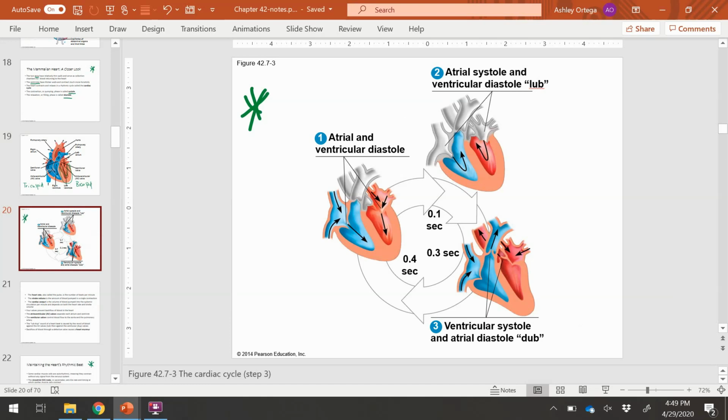The cardiac cycle starts off in atrial and ventricular diastole. So this is a complete relaxation phase where the ventricles and the atria will fill up with blood. And then about 0.1 seconds later, the atria are going to enter the contraction phase, the systole, and the ventricles will still be in the relaxation phase.